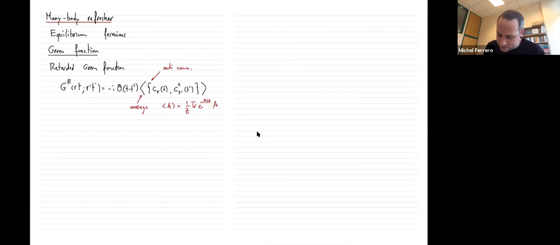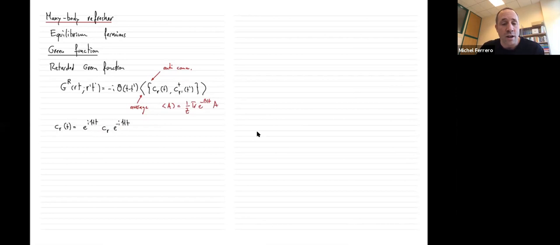And my operators C and C dagger are expressed in the Heisenberg picture. So C_R of t is the Heisenberg evolution of the destruction operator C_R. It's something like this that involves the full Hamiltonian. So it looks like a fairly complex object.